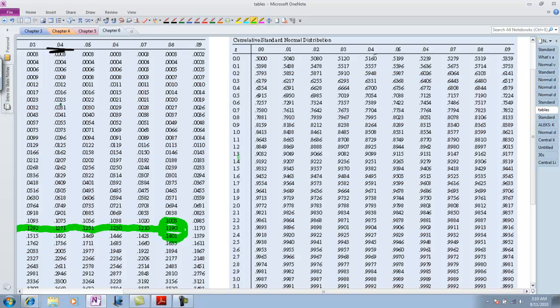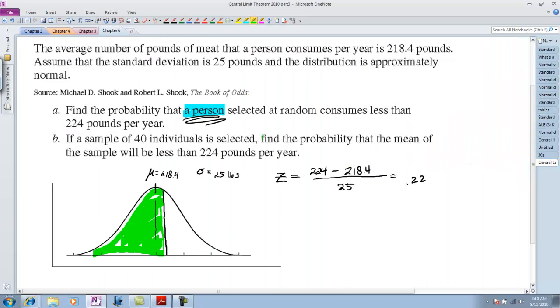So 0.22? Yeah, 0.22. I'm up here in the 0.2 row and the 0.02 column, and my answer is 0.5871. So that was pretty easy. Sorry, I'm all discombobulated.